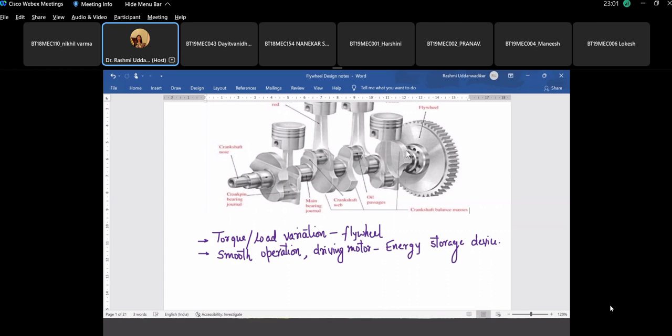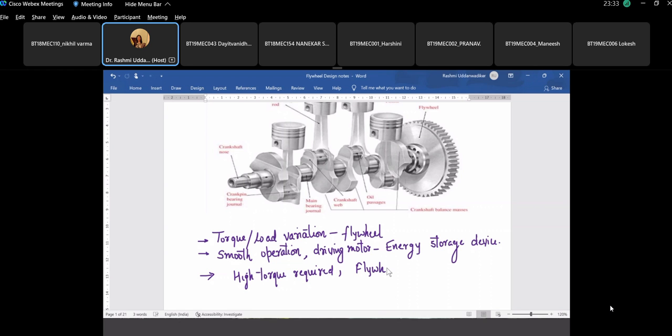So as you can see, this is the flywheel attached to one end of the shaft. If the torque requirement is high for an operation, we'll come to its application, the energy from the flywheel is supplied.